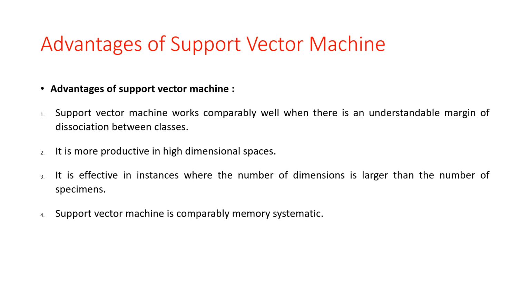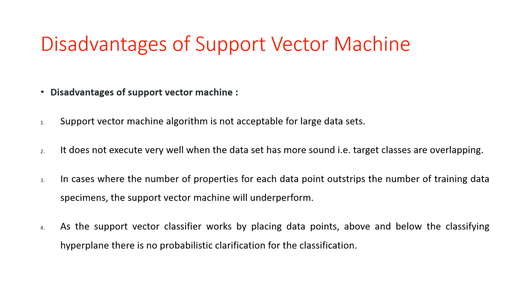It is effective in instances where the number of dimensions is larger than the number of samples. And the support vector machine is comparably memory efficient. Disadvantages: the support vector machine algorithm is not suitable for large data sets. It does not perform very well when the data set has more noise.